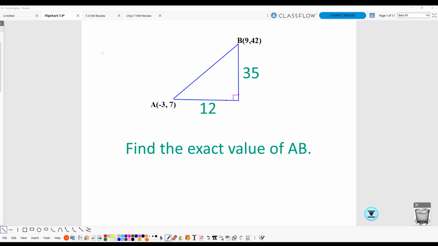Hopefully we'll be able to get through some of the homework on this today. And tomorrow is review for whatever you want to know or ask about on chapter 7. Yeah, you can use a calculator on this.